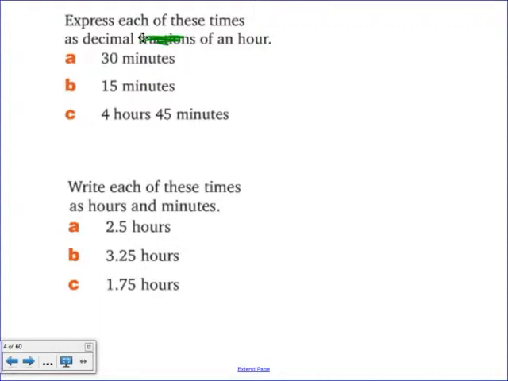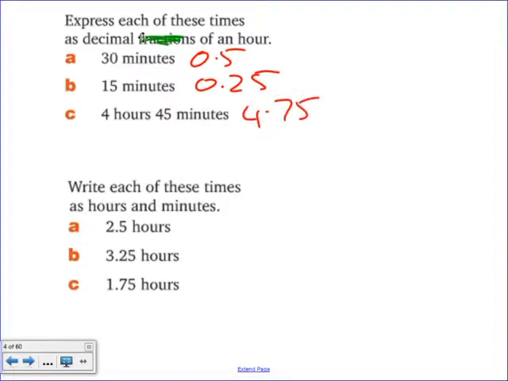So let's go through them. For the top ones, 30 minutes, what's that as a decimal? 0.5 of an hour. 15 minutes, 0.25. 4 hours, 45 minutes, 4.75. Good.